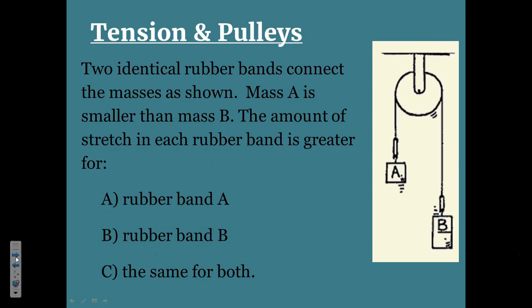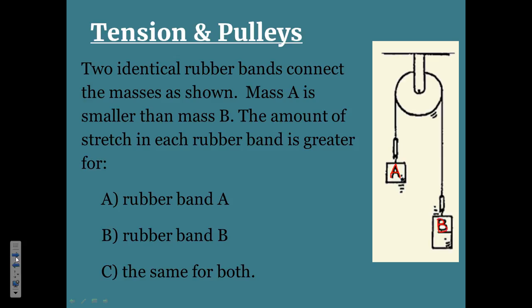So I want you to read this. I'm going to read it to you, and in your mind, you decide whether you think it's A, B, or C. Two identical rubber bands connect the masses as shown. Mass A is the smaller one. Mass B is the larger one.